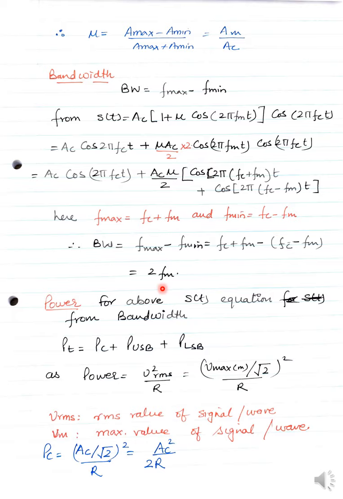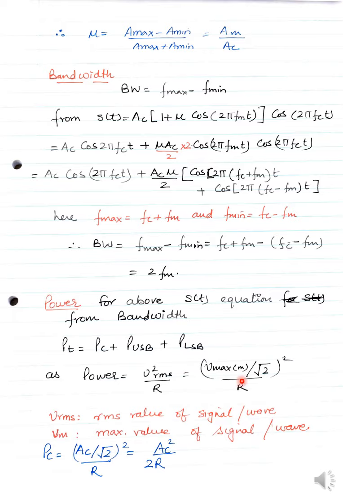Now, if we need to calculate the power for the above s(t), using the equation from the previous lecture, Pt = Pc + Pusb + Plsb: the power of the carrier, the power of the upper sideband, and the power of the lower sideband. We know that power is always V rms squared divided by R, where R is the resistance across which we are measuring it.